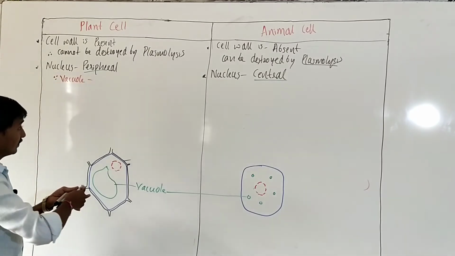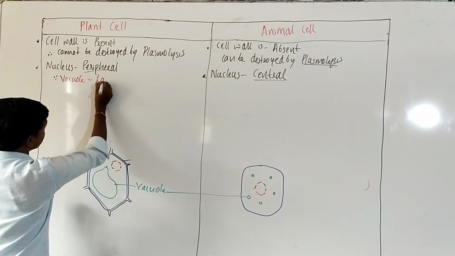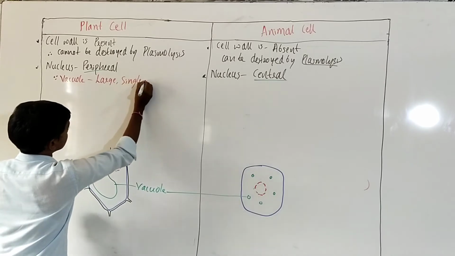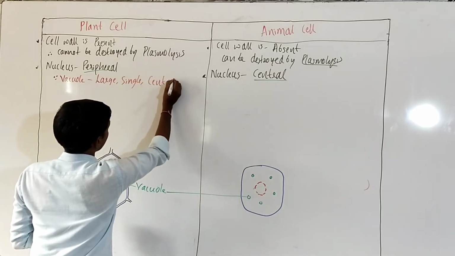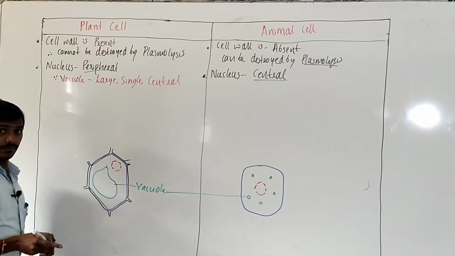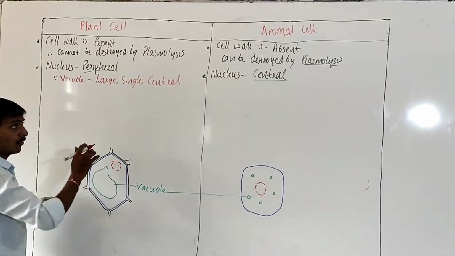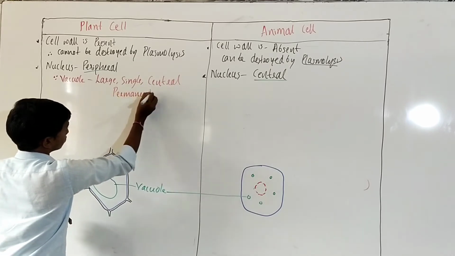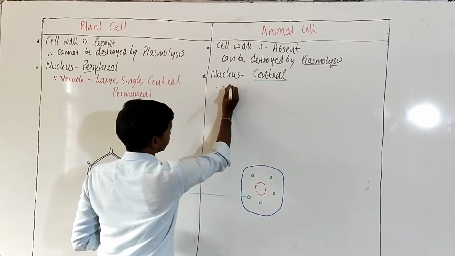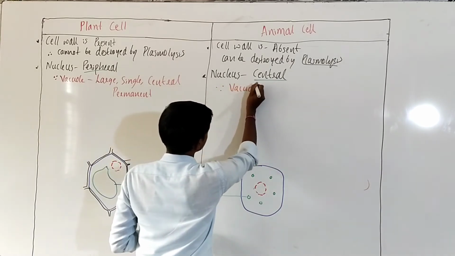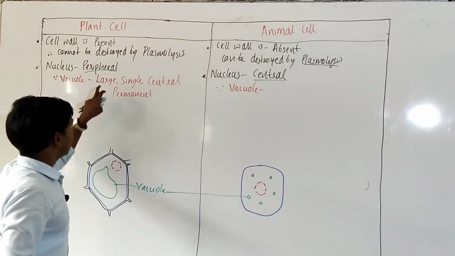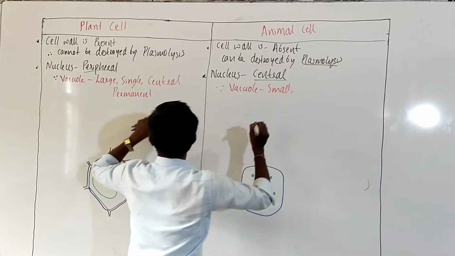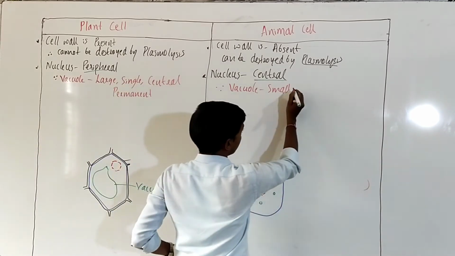It is just because of the vacuole, which is large, single, central, and permanent also. It is present throughout the life of the plant cell. But in case of animal cell, the vacuole is large here, here it is small. It is single here, in animal cell it is many.